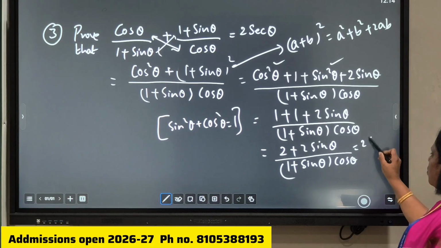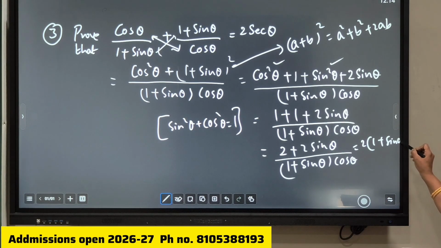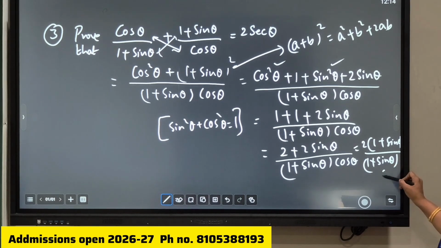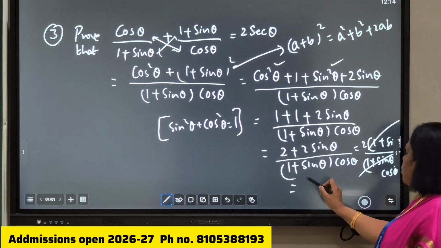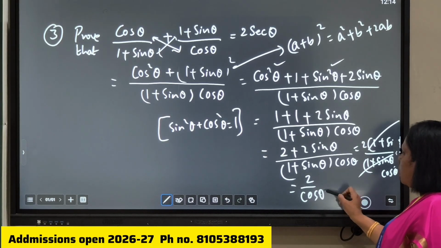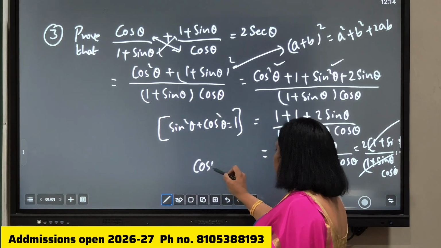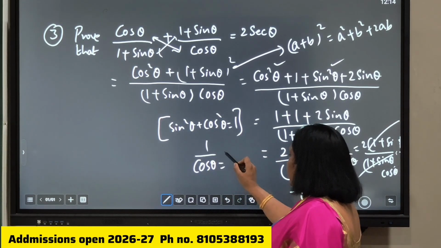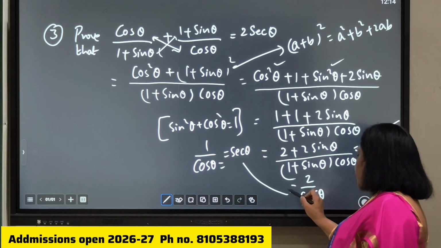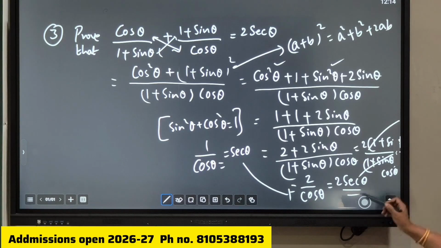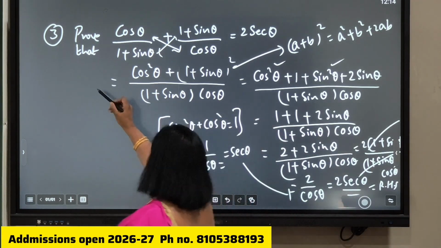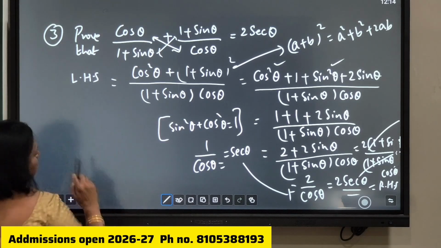Then I can take 2 common, 1 plus sine theta, divided by 1 plus sine theta into cos theta. Here I can now cancel the numerator and the denominator. I get 2 by cos theta. We also know that the reciprocal of cos theta, 1 by cos theta, is secant theta. So I am writing here 2 secant theta, which is the RHS. Hence proved. So children, from LHS to RHS we are proving what is asked.